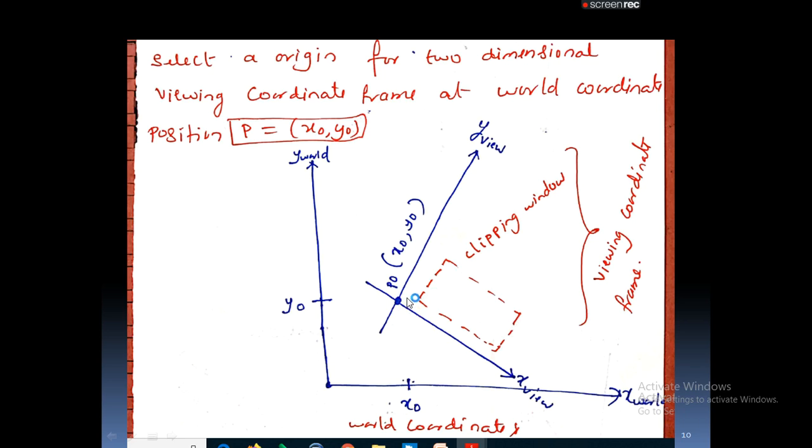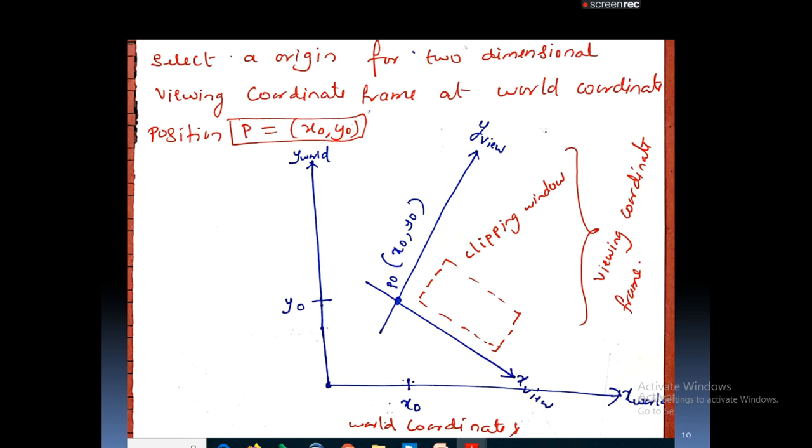The origin is P naught with respect to viewing coordinates. What does that origin mean? I have taken the origin of the clipping window with respect to the world coordinates. Here I have taken x naught, y naught. So I have taken one point P naught in the world coordinates. That P naught will become the origin of the viewing coordinate.